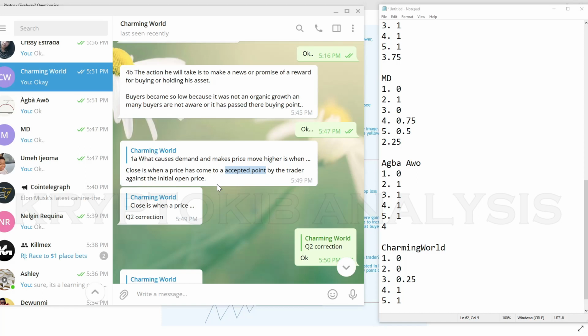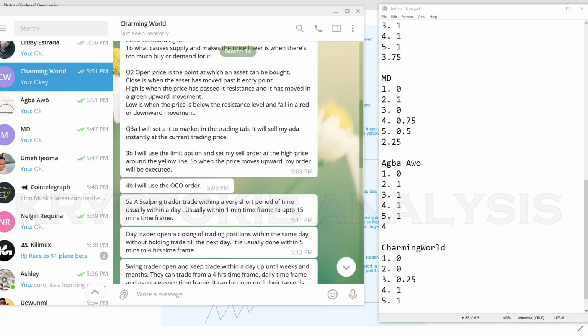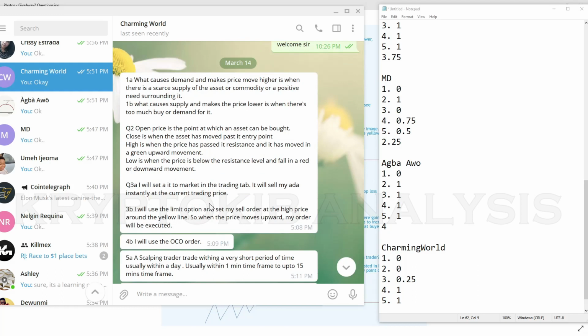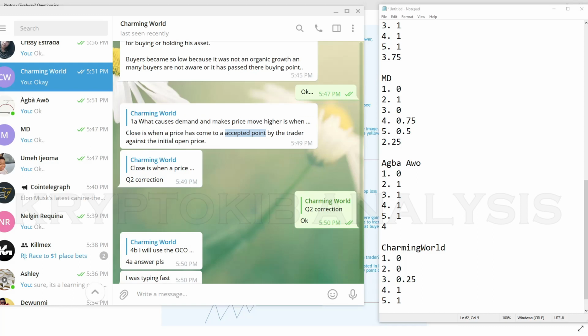I'm trying not to be strict, but at the same time, we shouldn't score her or him. She missed the other one. At which asset can be bought. Yes. Then close is when asset has moved. But here he or she changed the close to when accepted by. I think she's trying to say settled price.